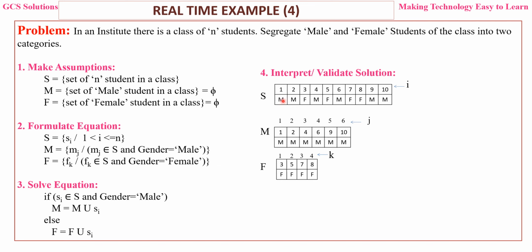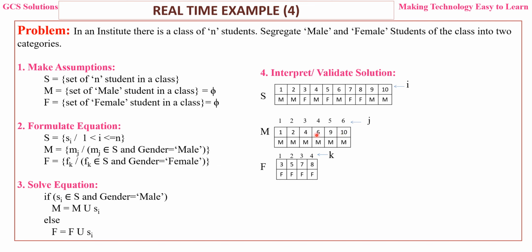So I solve the equation for segregating this given original set, having students with male and female gender together, into a representation which will give me male students separate and female students separate.